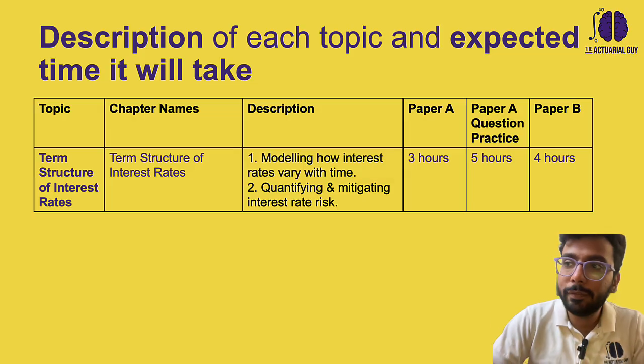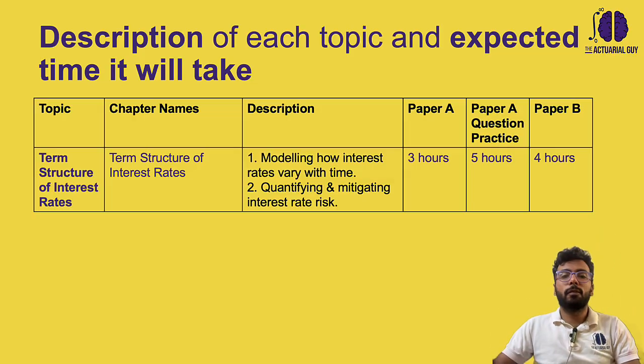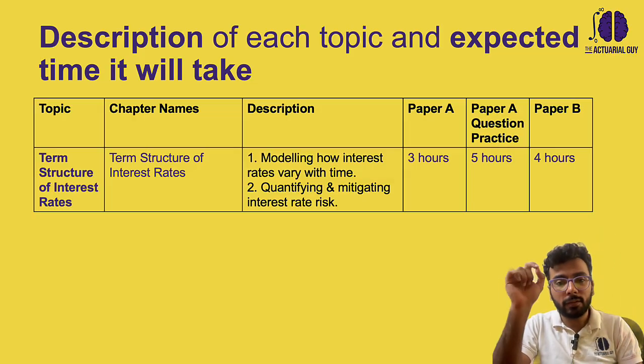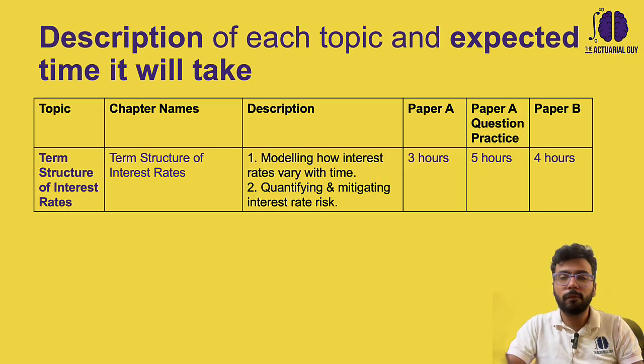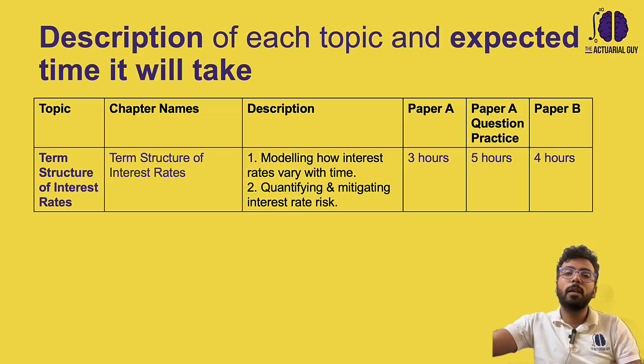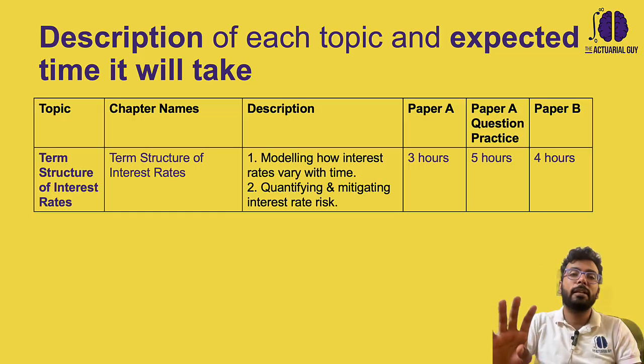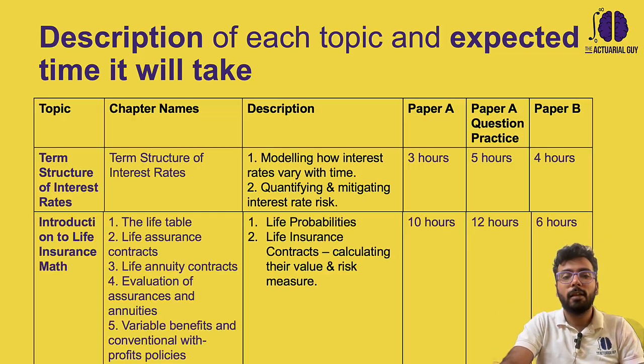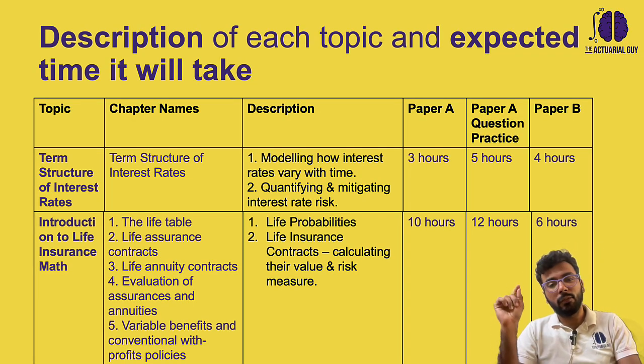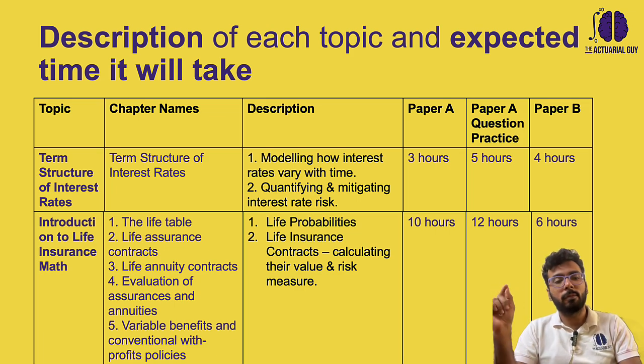Okay. Now, this was the financial mathematics portion so far. It is a relatively smaller portion of the syllabus, about 40 to 45%. Now we are going to get into 55 to 60% of the syllabus, which is related to life insurance mathematics. The first unit here is related to introduction to life insurance mathematics.